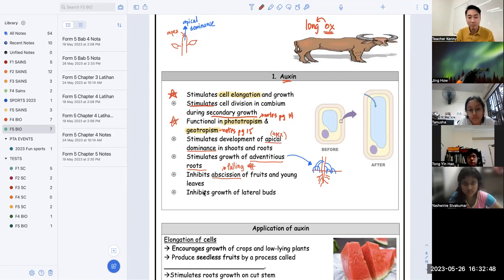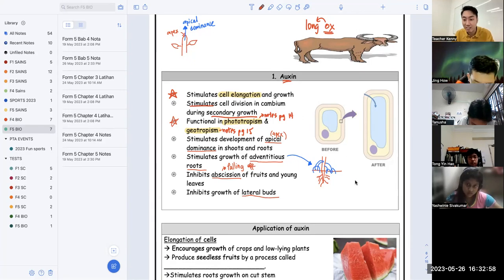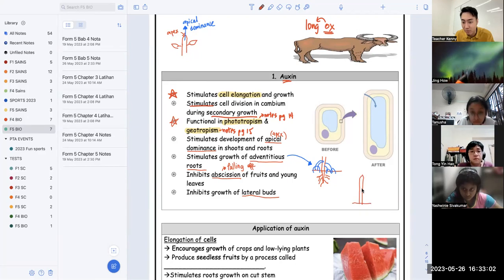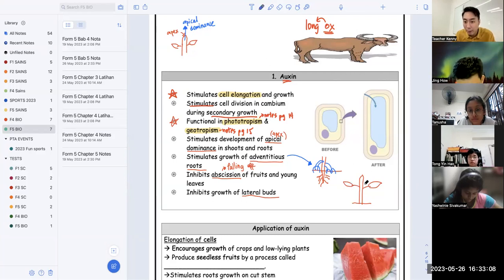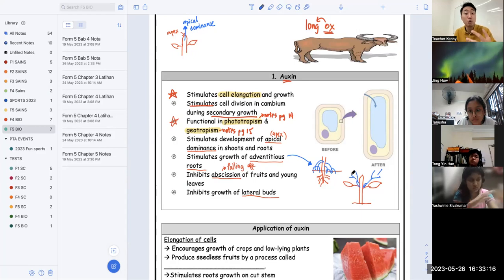Understand? Next thing, inhibits the growth of lateral buds. Another powerful word here. Now, we know this is the apex. Where are the lateral buds? Have you ever wondered why plants become so bushy sometimes? These are the leaves. They have buds at the side that will slowly grow into branches, making the plant more bushy.